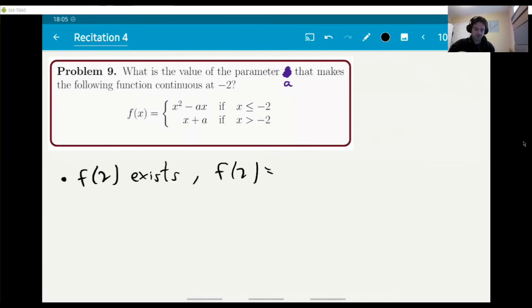You should be able to tell me what f of -2 is looking at this definition. f of x depends on whether x is less than or equal to -2 or greater than -2. Well, -2 is less than or equal to -2. We need to use this first expression for it.